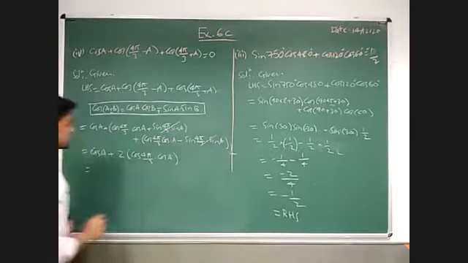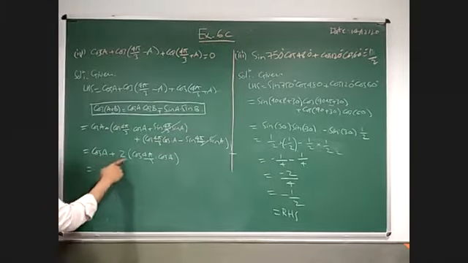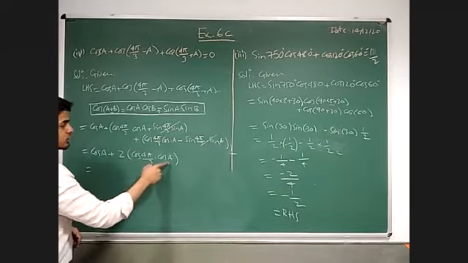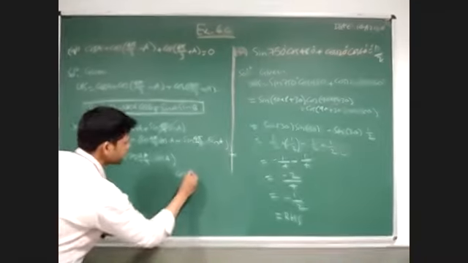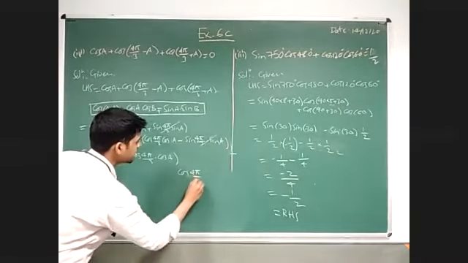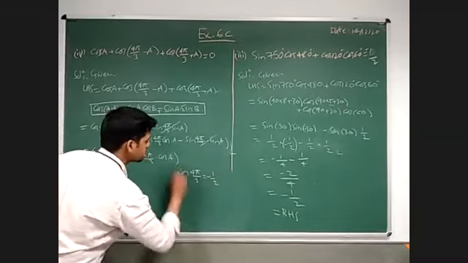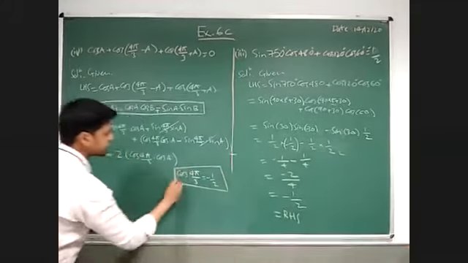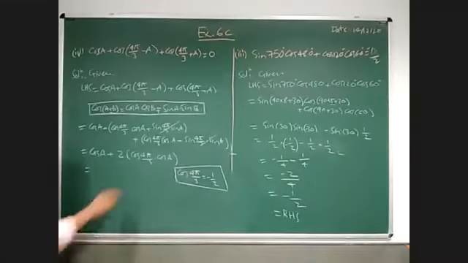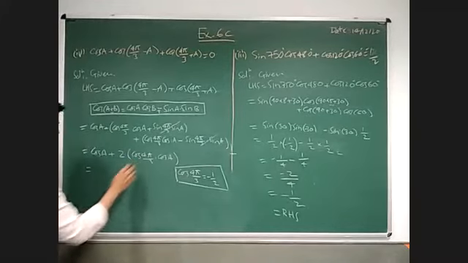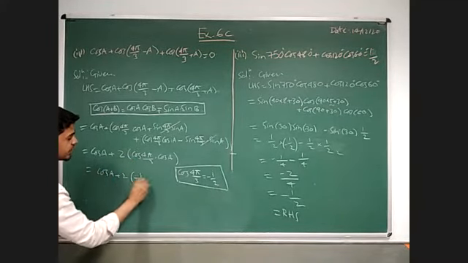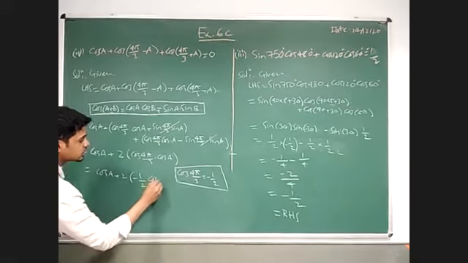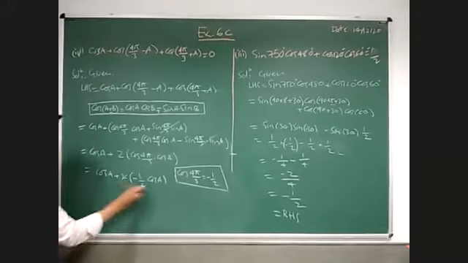Just see here, we have cos A plus 2 cos 4 pi by 3 into cos A. One thing we know is that cos 4 pi by 3 is nothing but minus half. So putting the value minus half here, cos A plus 2 into minus half into cos A. Okay, so the 2 will get cancelled.